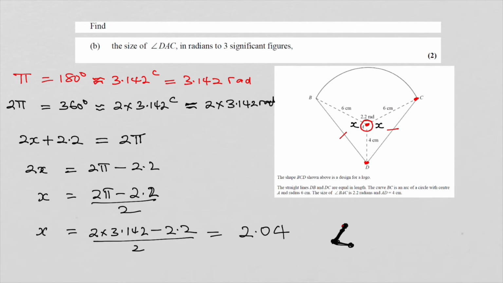So we need 3 points to make an angle, and in this case it's DAC, and that angle is 2.04, and that's the angle we're looking for.